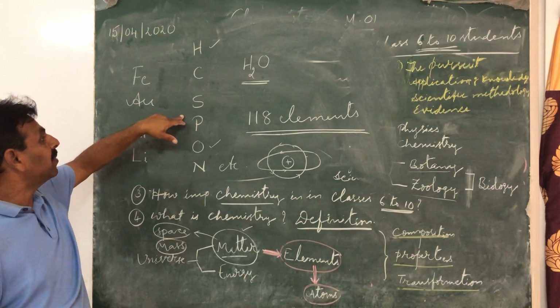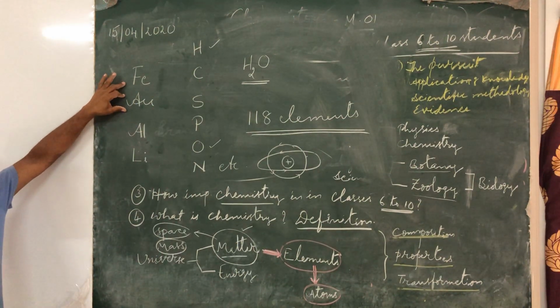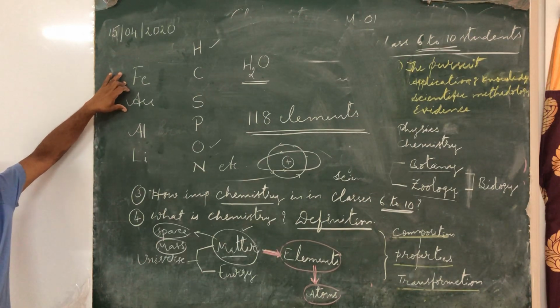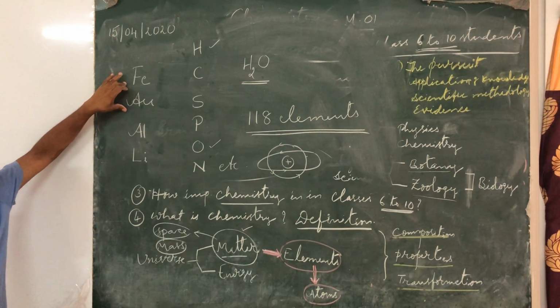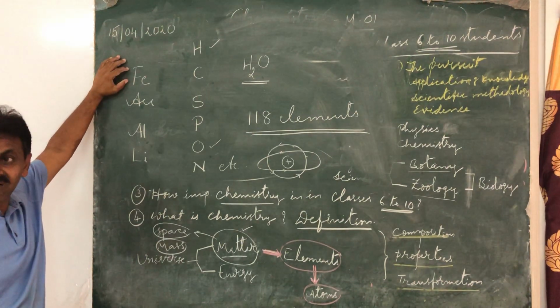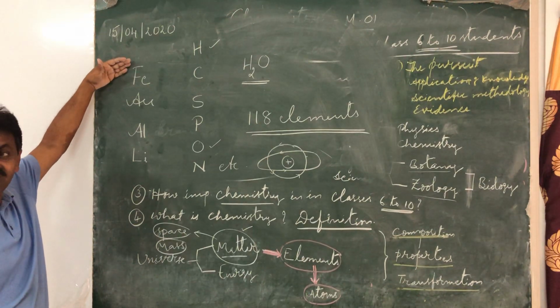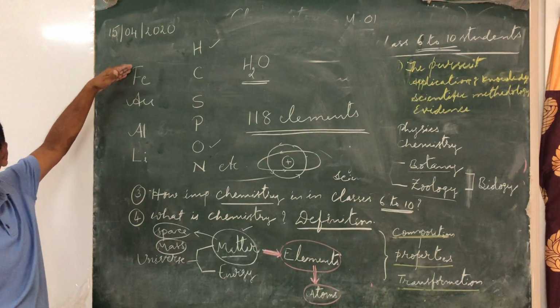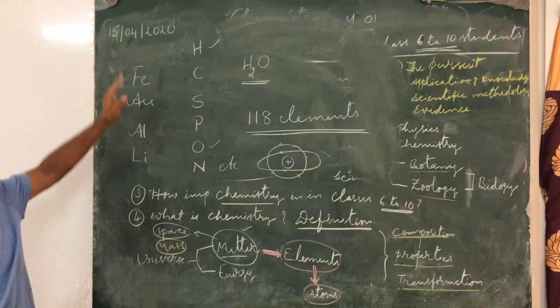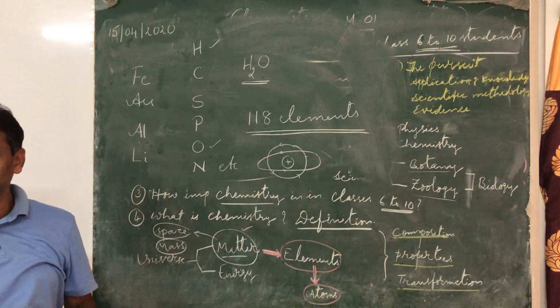If the material is made of gold, it is shining, hard, doesn't react easily with some chemicals. Whereas iron metal, it is a different element. It easily gets corroded. You just keep a freshly prepared iron rod on your terrace.